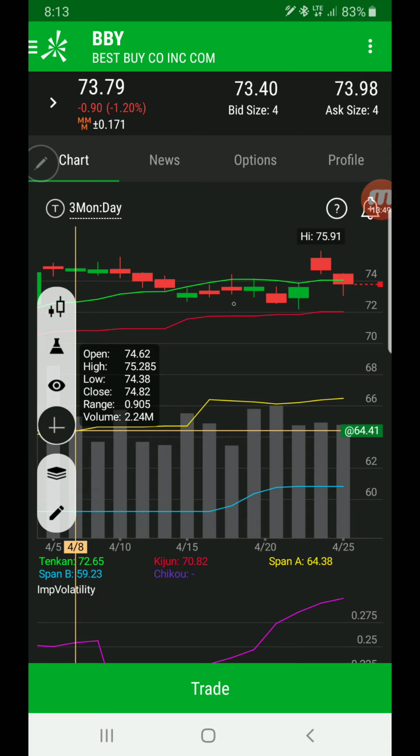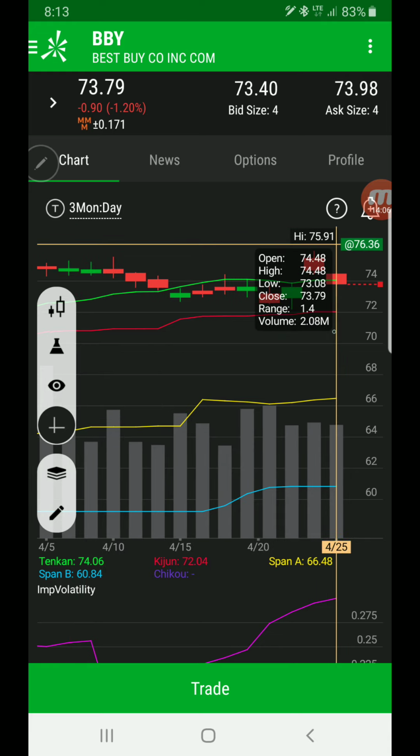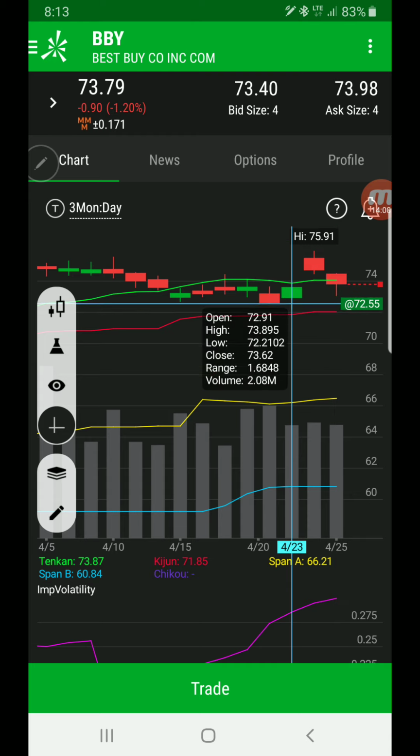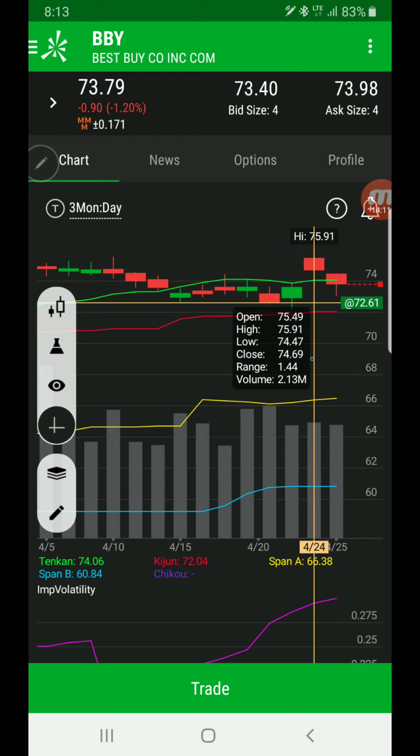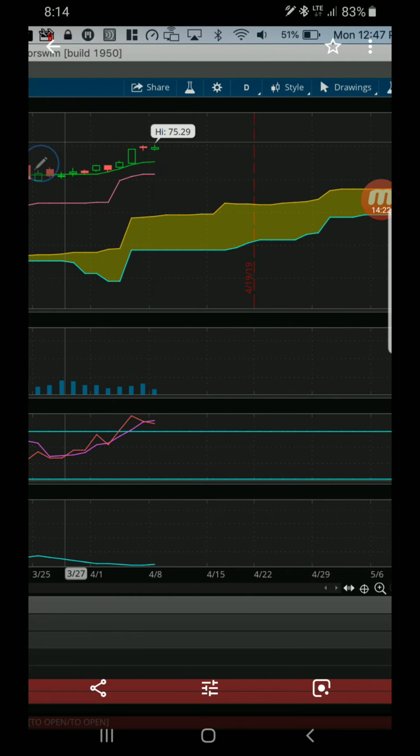It's gone down a bit, crossed under the tenkan, but it did hit a 75. Look at that. It did hit 75. So April 8th, it closed 74.82. Today, close price 73.79. But it did hit a high of 75.91. So let's see what happens with that. Again, a consistent bullish Ichimoku reading on both fronts, span. All right, that's all for now.